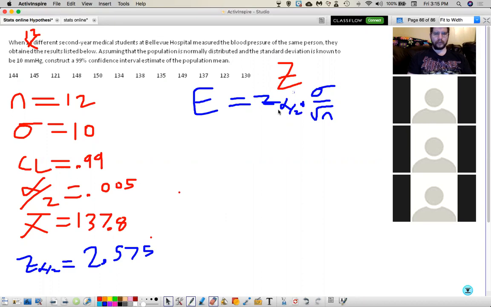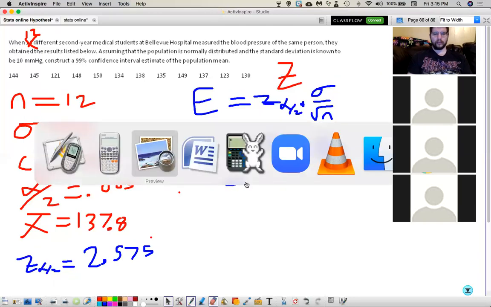All right, so we got Z of alpha over 2, we got sigma, we got n, we can shove it all in there. And let's see what that spits out.